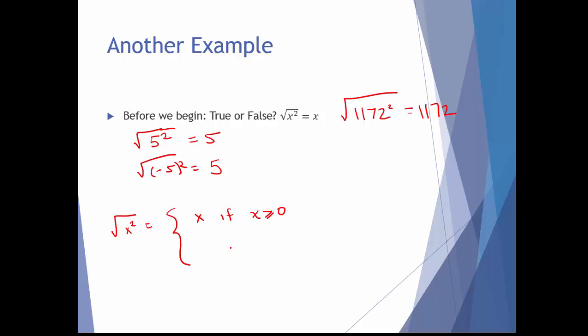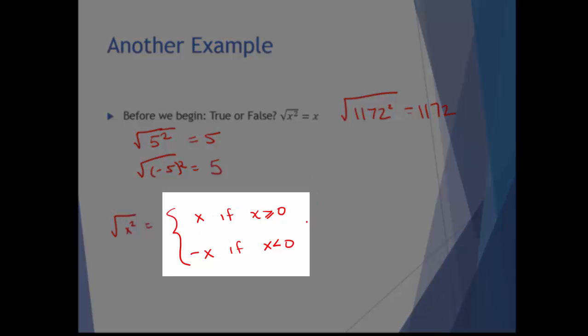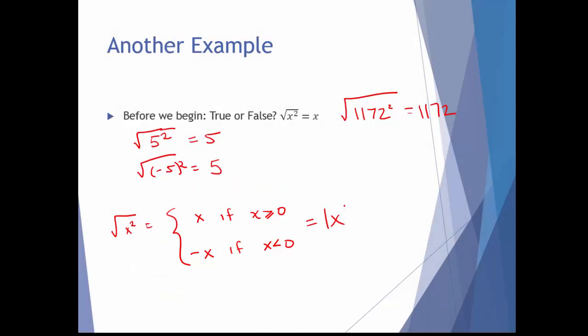However, if your input is negative, as it was when we put in negative 5, you don't get back the same number that you put in. What you get back is the opposite of that number. In this case, it'll be the positive version of that number. So in other words, you get the opposite of x. So sometimes the square root of x squared is equal to x, and sometimes it's equal to the opposite of x. We're going to use that idea in our next example. By the way, this definition should look awfully familiar. Turns out it's the absolute value of x.